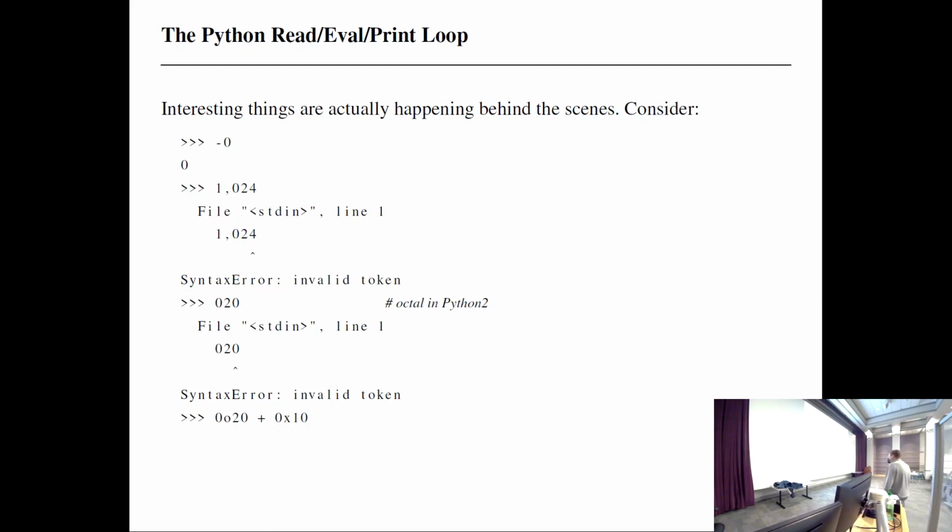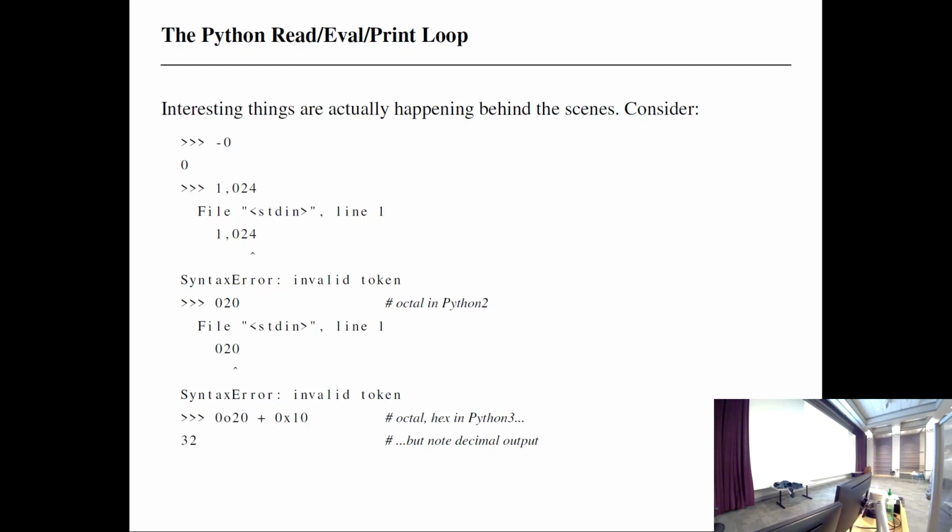And for the first time, I'm using an operation that's defined on integers. Remember, these are octal and hexadecimal representations, but they're still just integers, whole numbers. So the net result here is that 16 in octal plus 16 in hexadecimal produces 32 in decimal. Now, this is a stupid example. But I want you to remember, when you type to the read-eval print loop, there's a lot of stuff going on behind the scenes.